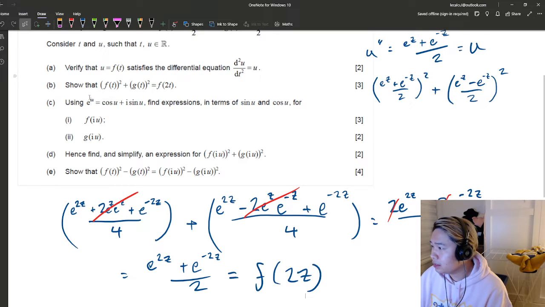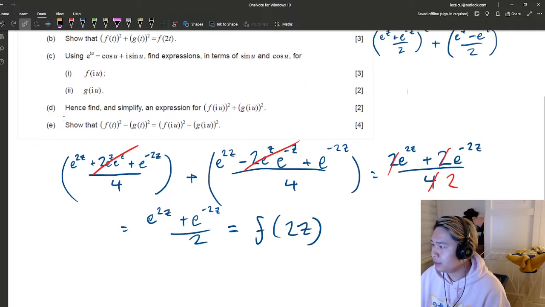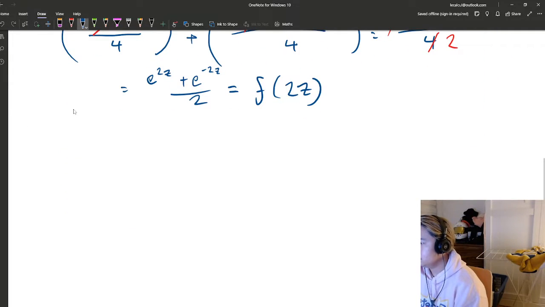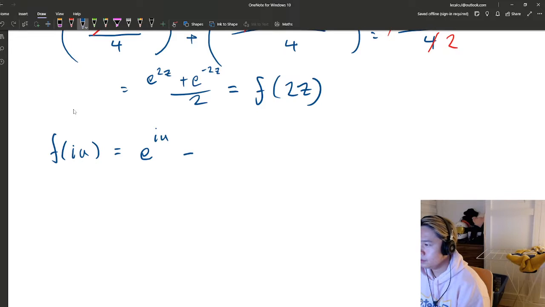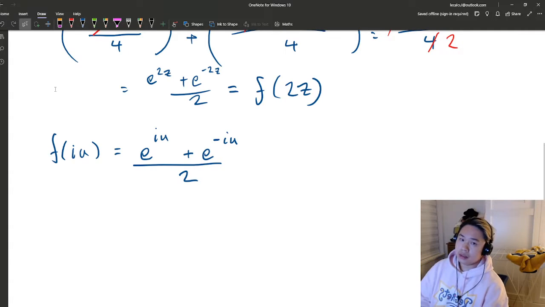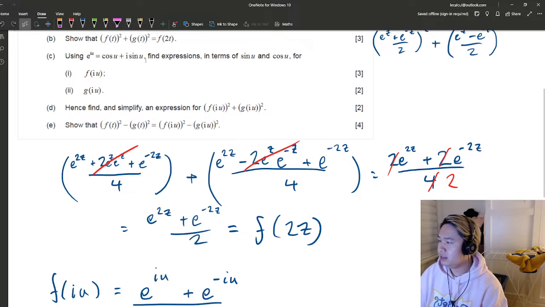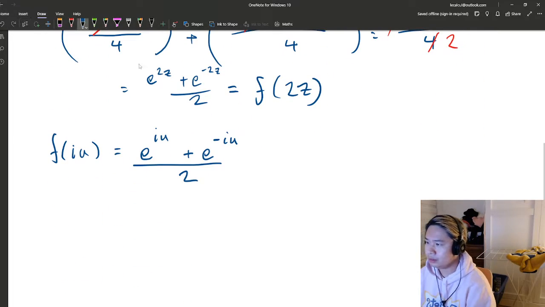Now, using e to the power iu, this stuff, complex numbers, in terms of sine u, cosine u, find out f of iu. Okay, so plug in iu, and then we use this identity right here, which is just changing from Euler form to polar form.